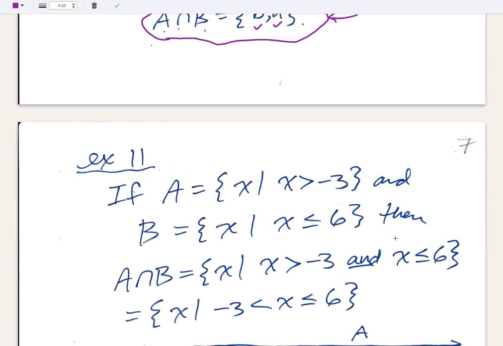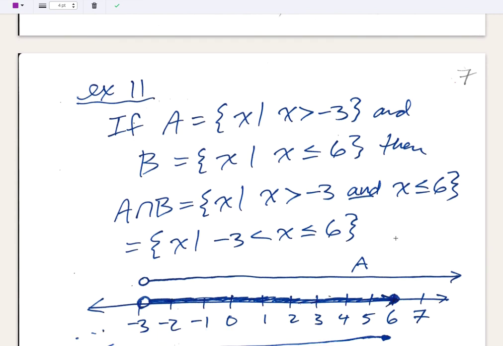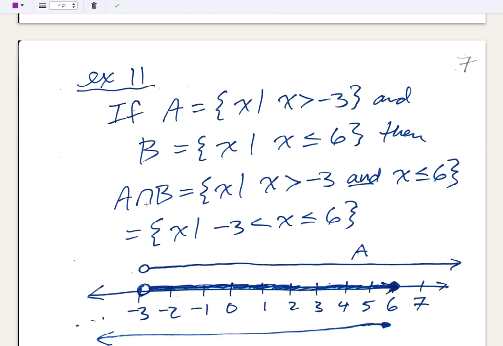Let's talk about example 11 here. Suppose A now is the set of all real numbers x such that x is greater than negative 3. And suppose that B is the set of all x such that x is less than or equal to 6. Then A intersection B is the set of all real numbers x such that x is greater than negative 3 and x is less than or equal to 6.